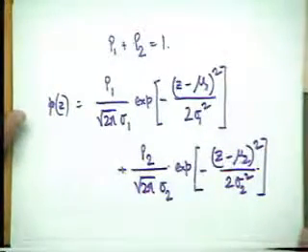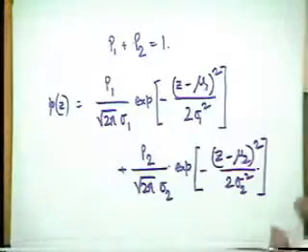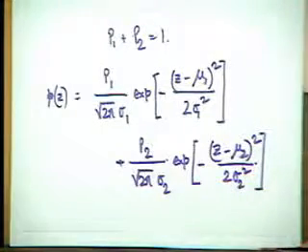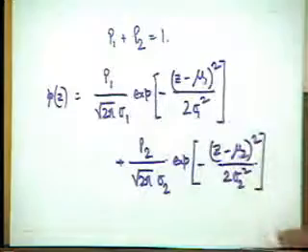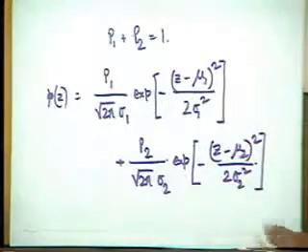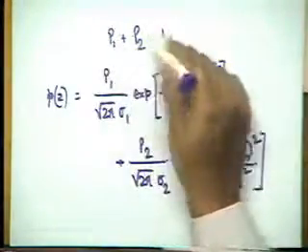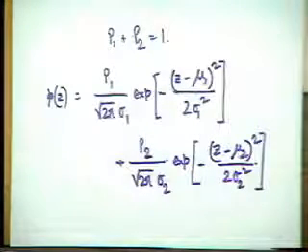This is going to be the overall probability density function. So how many unknowns do we have in this equation? Totally we have P1, P2, mu 1, mu 2, sigma 1, sigma 2, 6 unknowns, but we already have the constraint that P1 plus P2 is equal to 1.